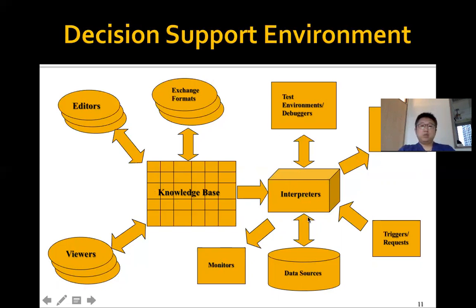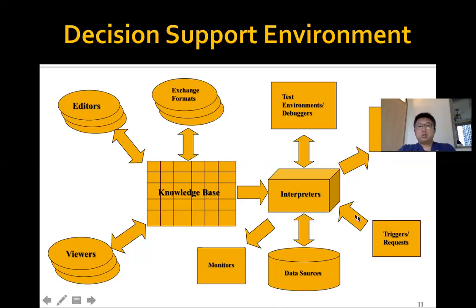Then the interpreter is more like an inference engine. For example, when you order a drug, an antibiotic, you will need to retrieve the renal function, so you need to retrieve some laboratory data from the data source. Then, for example, you will need to send an alarm to the user.